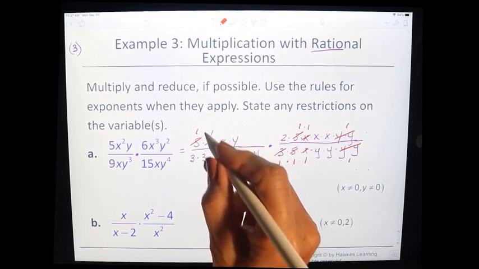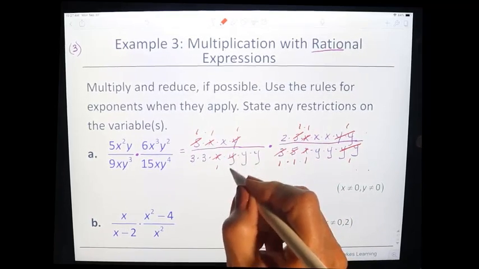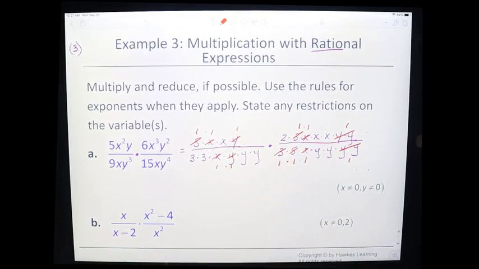Here's an x and an x in common, and here's a y and a y in common. All right, let me look around. I have 3 x's up here. Do I have any more x's on the bottom to cancel with? Doesn't look like it. And I have a 2 up there, but no 2's down here. I think we're ready to put it all back together again.